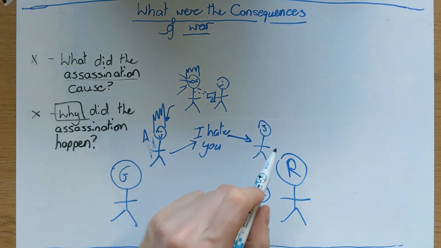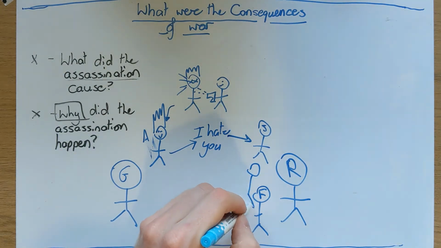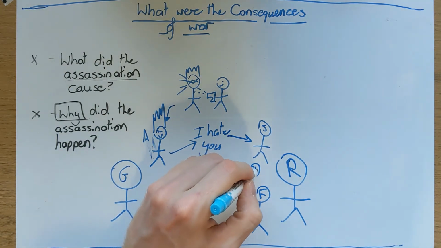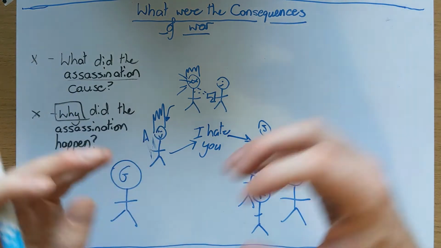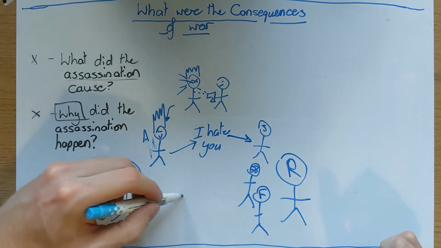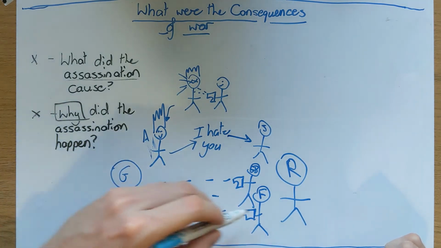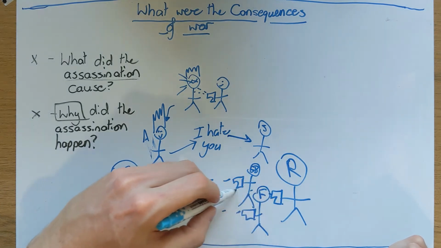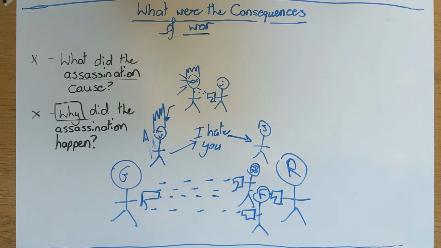So now you've got Germany, Austria against Serbia, Russia and France. Now, who's a friend of Russia and France? Britain. So GB. So now all these people are having a go at each other. And this is what causes the First World War.